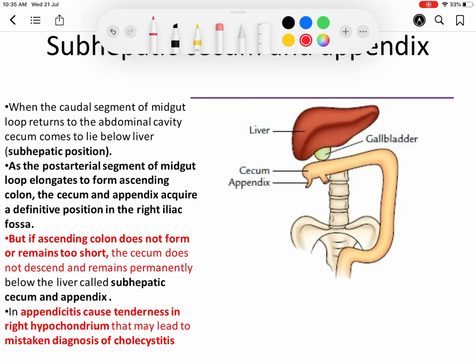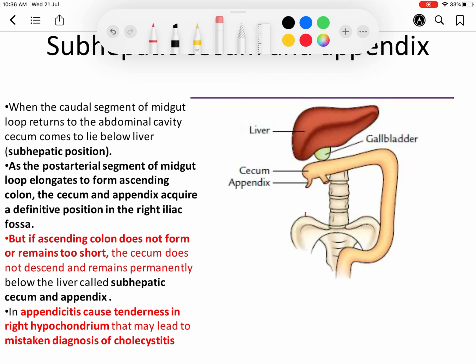Now, subhepatic cecum or appendix. In this diagram, you can see the subhepatic cecum and appendix. It is due to a small ascending colon. If the ascending colon doesn't form, or if it is very short, the cecum does not descend and it remains in subhepatic position. This is called subhepatic cecum and appendix.